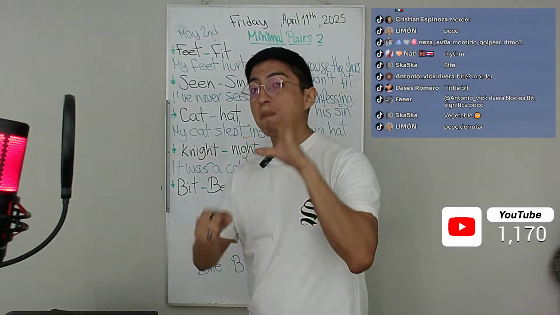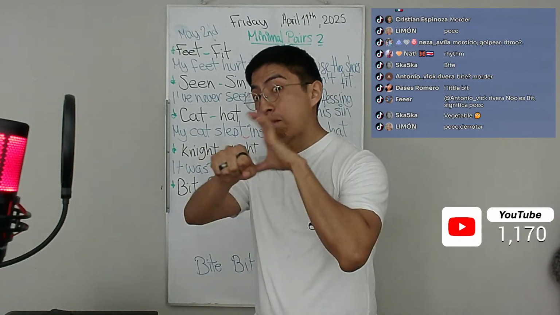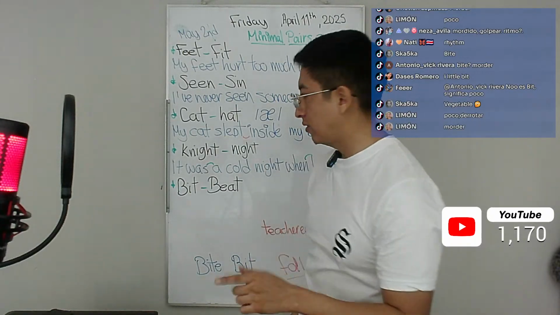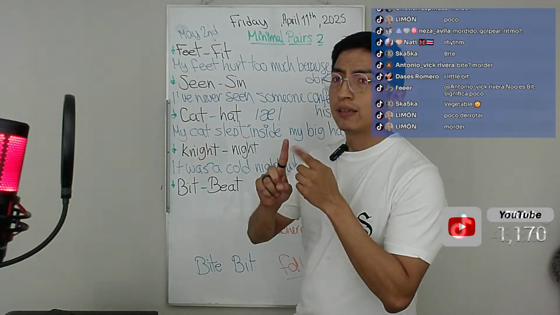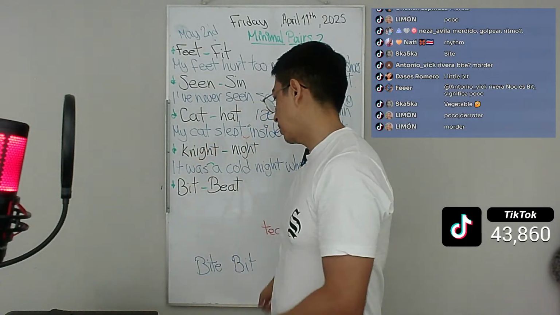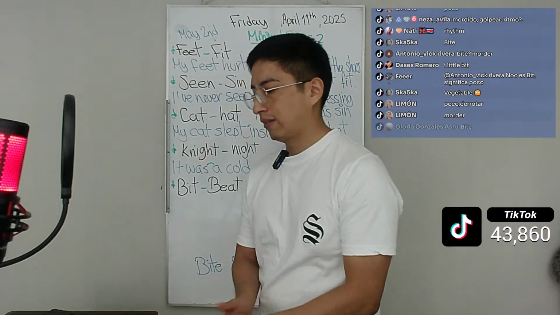Your dog bit me yesterday. That is the simple past. That is the second meaning. Number one, something that is very small. Number two, the simple past form of the verb bite.